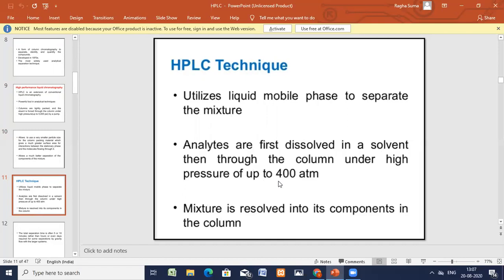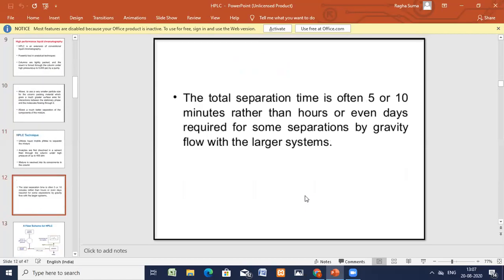The mixture is resolved into its components in the column in this technique.